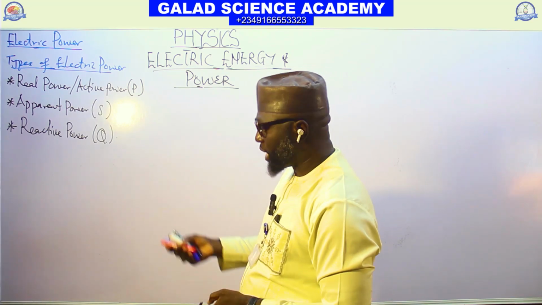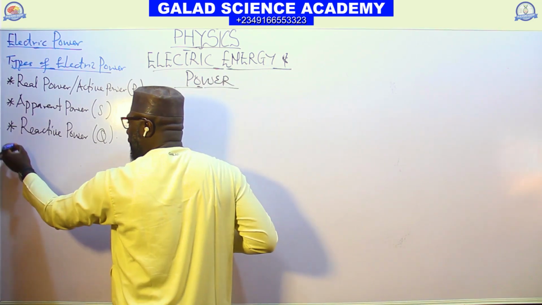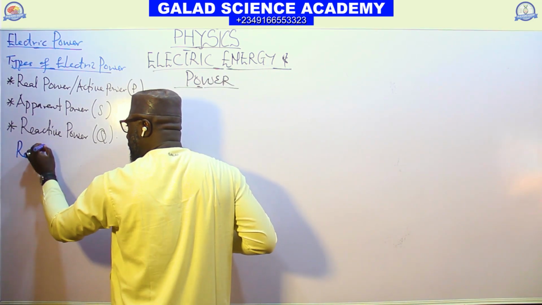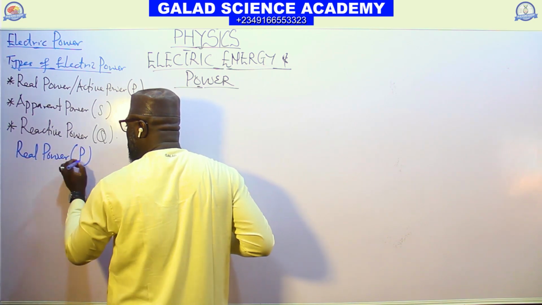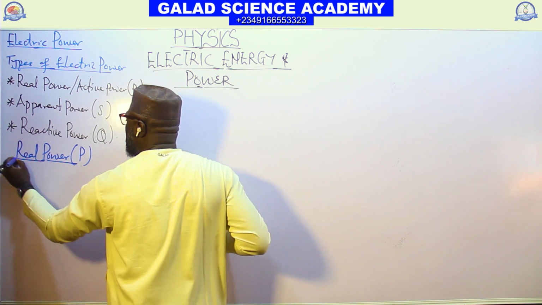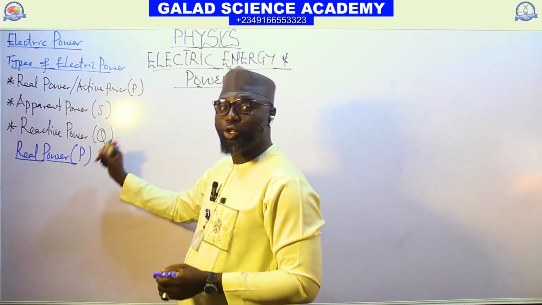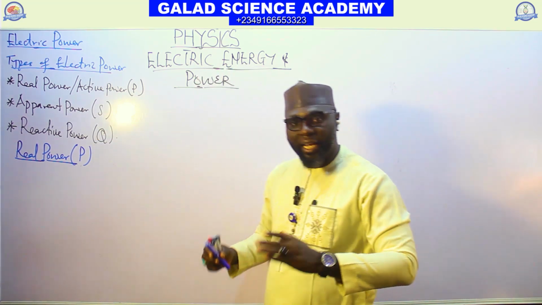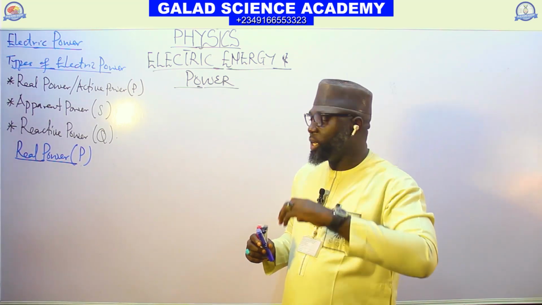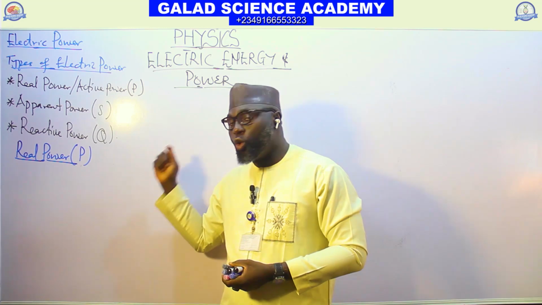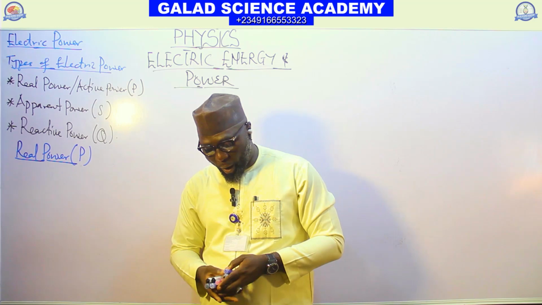Let's take it one after the other. The first is real power, denoted by P. As the name implies, it is the actual power consumed in a circuit to do useful work, which is called real power.